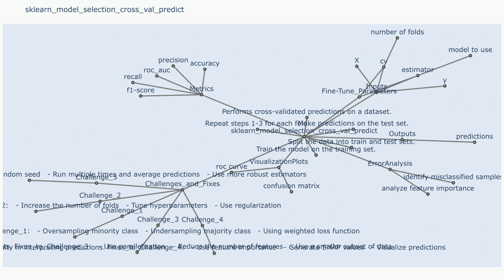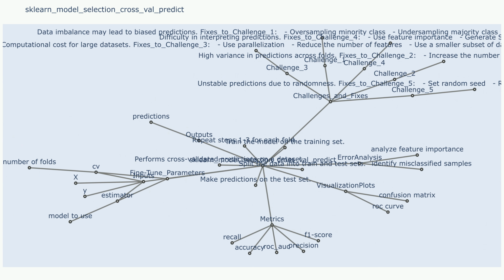The function trains the estimator on the data in the remaining folds and then makes predictions on the data in the current fold. This process is repeated for all folds. Prediction aggregation. Finally, the function aggregates the predictions made on each fold to create a single array of predictions, y_pred, for all data points in the input dataset.